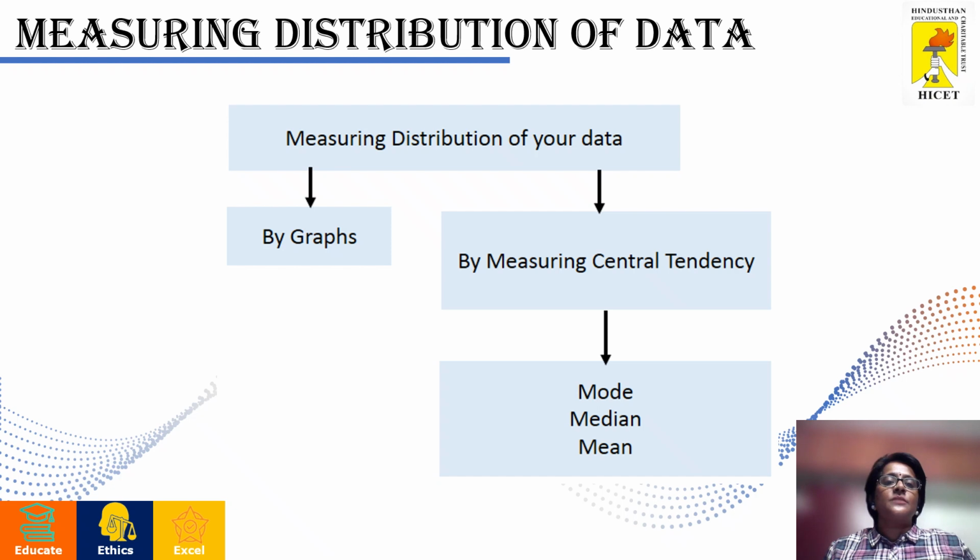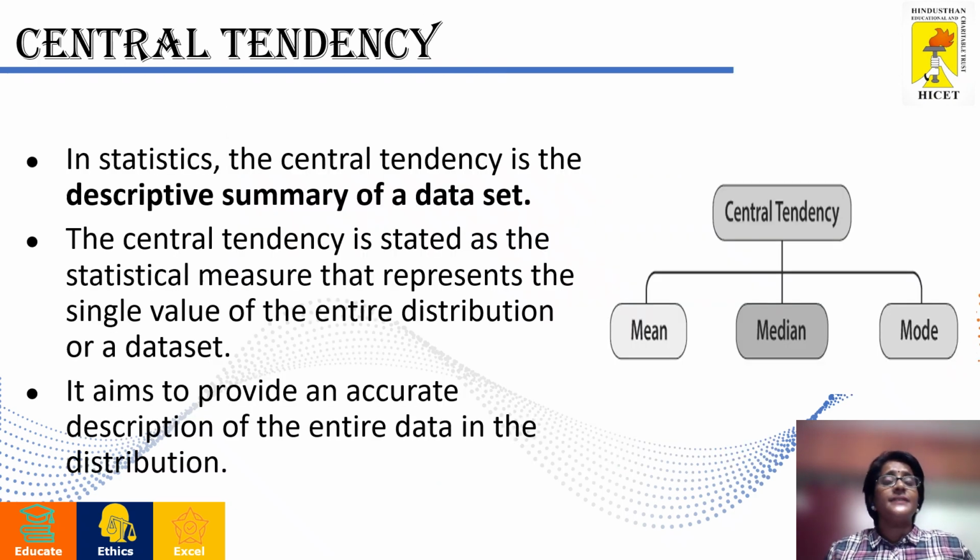To go with the concept of measuring distribution of data, we can perform it by graphs or by measuring central tendency. Measuring central tendency is categorized into mean, median, and mode. What is central tendency? The central tendency gives you the descriptive summary of a data set.